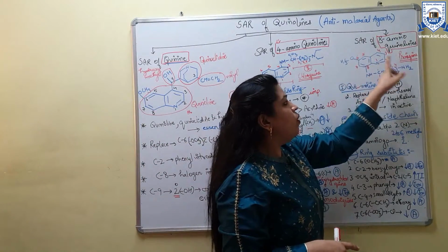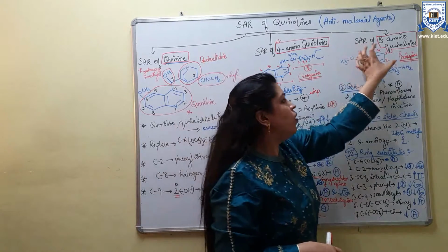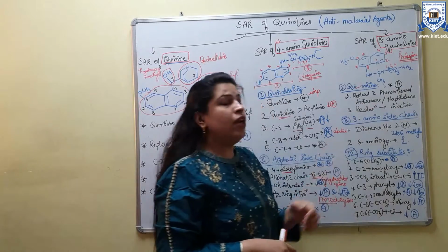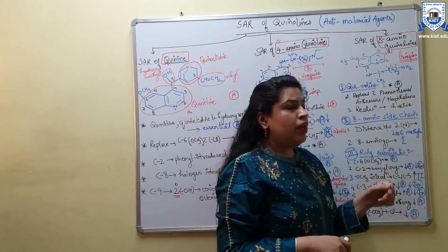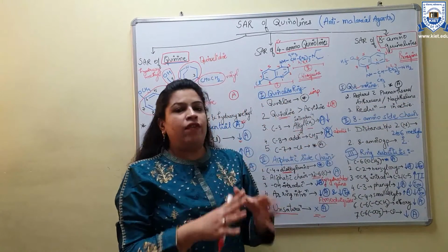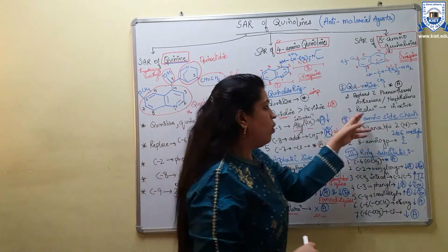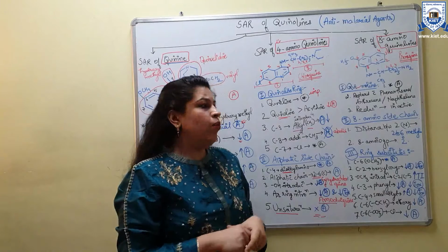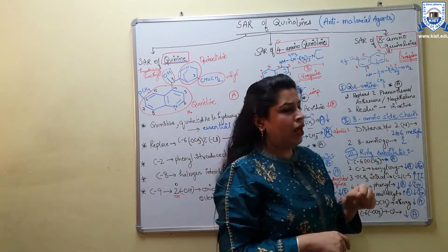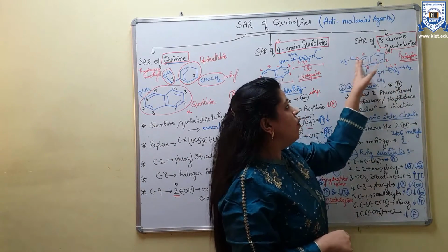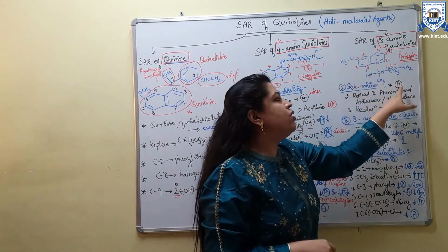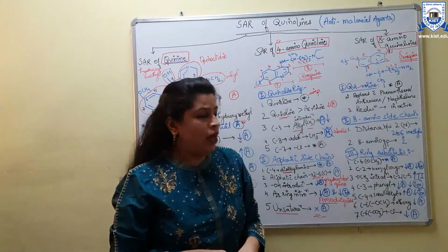If this quinoline is replaced with some other ring like phenanthrene, anthracene or naphthalene, then the activity is retained in the molecule. Then if the quinoline moiety is reduced, it becomes inactive. So for the 8-aminoquinolines, this quinoline is very important for the activity.